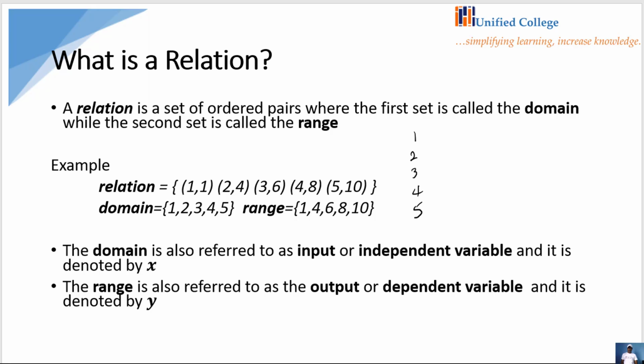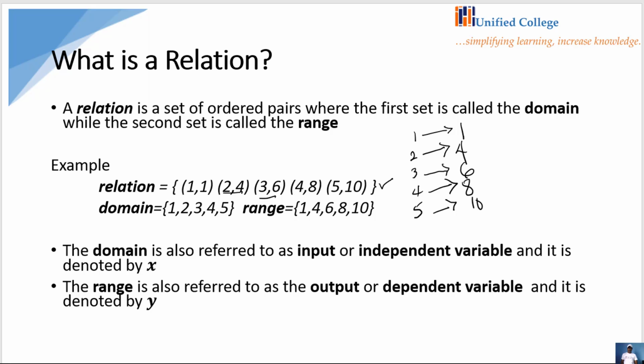Okay, you have 1 maps to 1, as you can see in this relation. Your 2 maps to 4. Your 3 maps to 6. Your 4 maps to 8, while your 5 maps to 10.